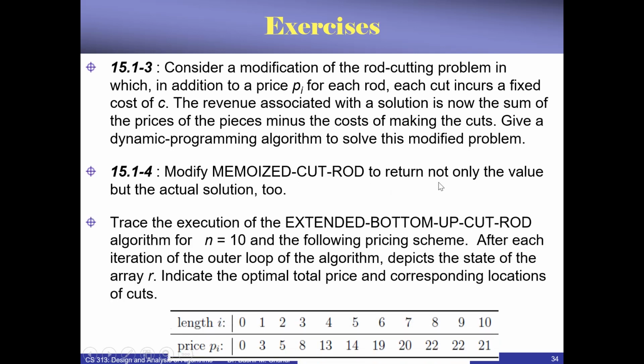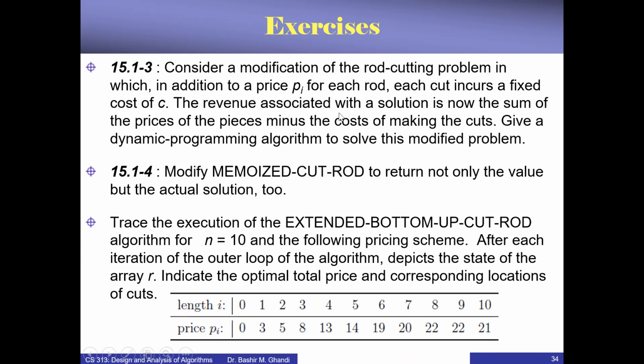Finally, trace the execution of the extended bottom-up cut rod algorithm for n equal to 10 and the following pricing scheme. So this table is slightly different than the one we used.